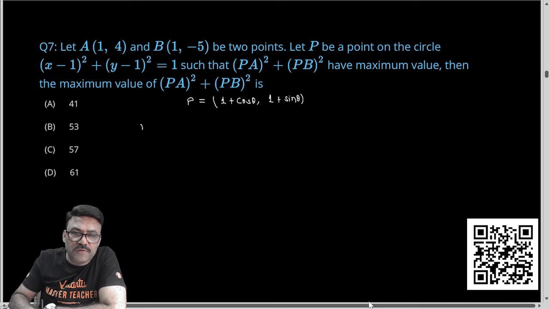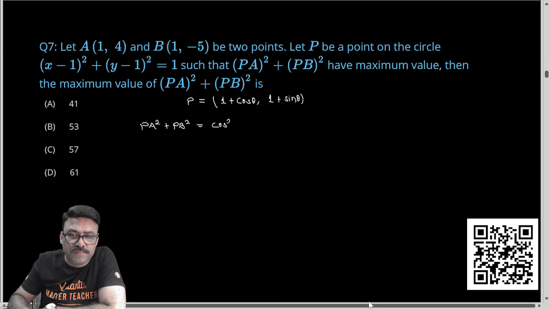Now let's find PA square plus PB square. PA square is (1 plus cos theta minus 1) whole square, so cos square theta, plus (1 plus sin theta minus 4) whole square, so (sin theta minus 3) whole square.